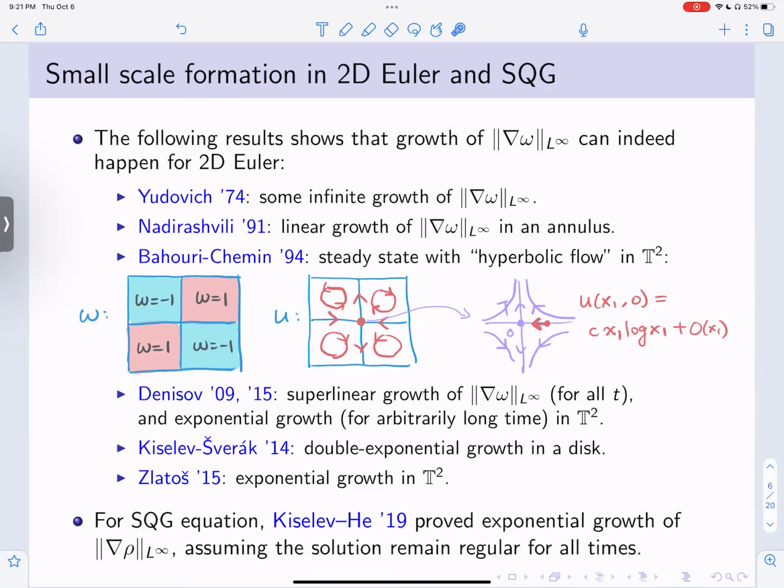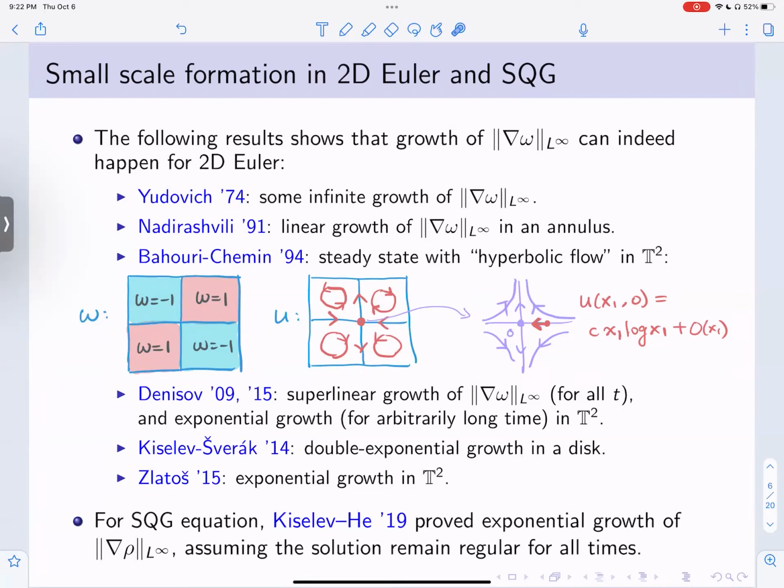And there have been some recent breakthroughs on small scale formation in the past decade. These results are more or less based on the important steady state discussed by Bahouri and Chemin. So this is what the steady state looks like. It is a steady state in the torus where the omega is simply +1 and -1. It has this checkerboard structure.